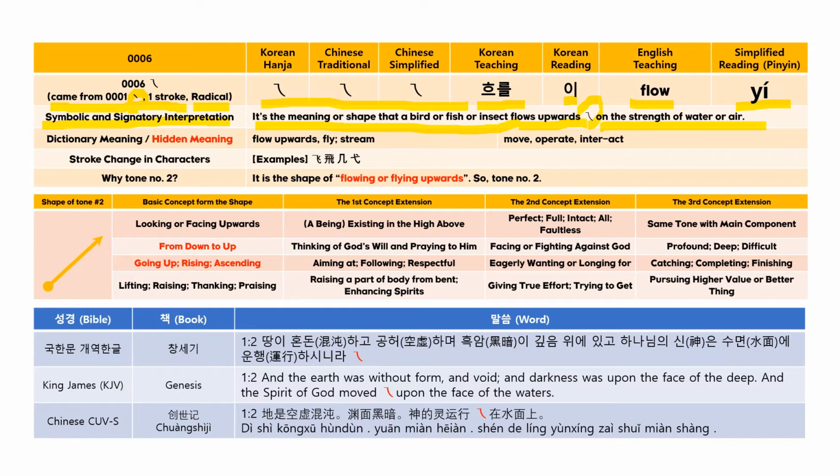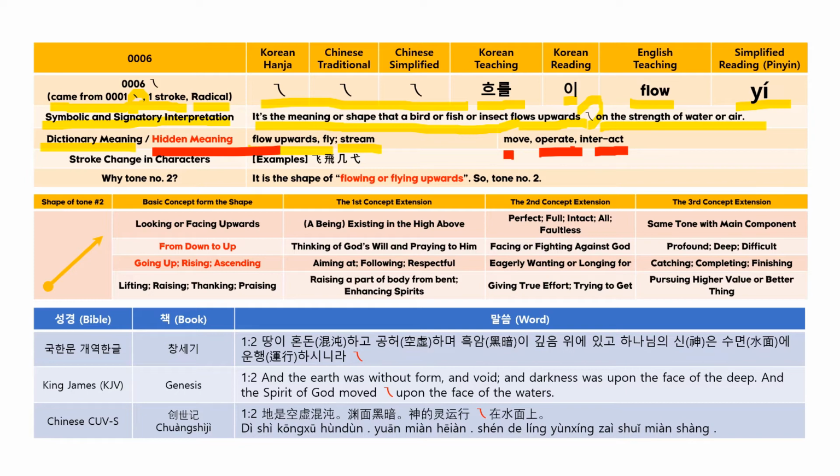It's the meaning or shape that a bird or fish or insect flows upwards on the strength of water or air. And the dictionary meaning, flow upward, fly, and stream. The hidden meaning of this character is important. Please try to remember: move, operate, interact.